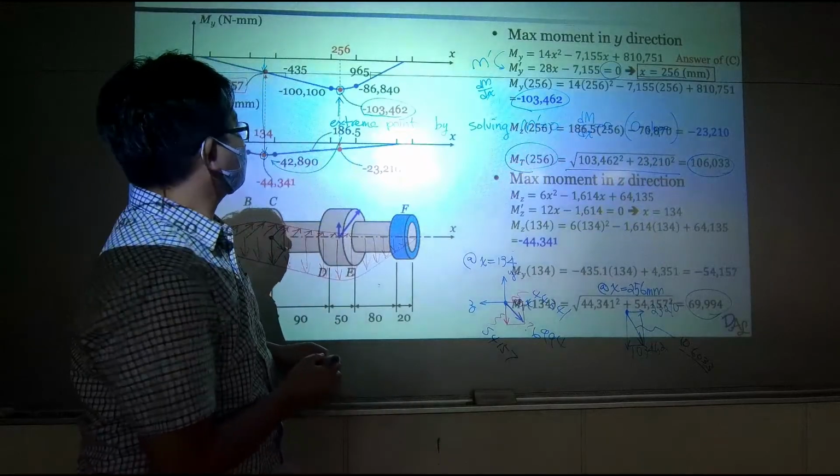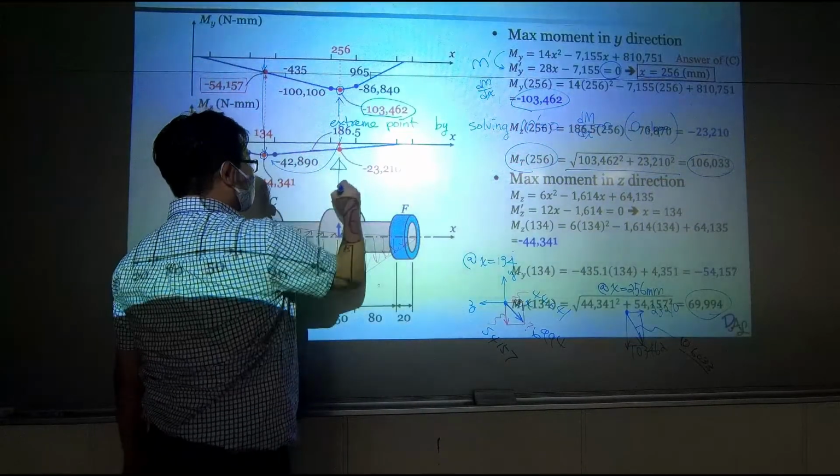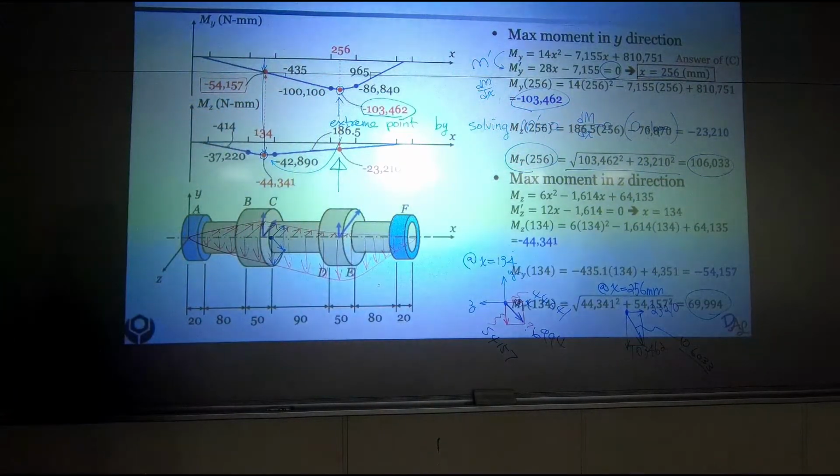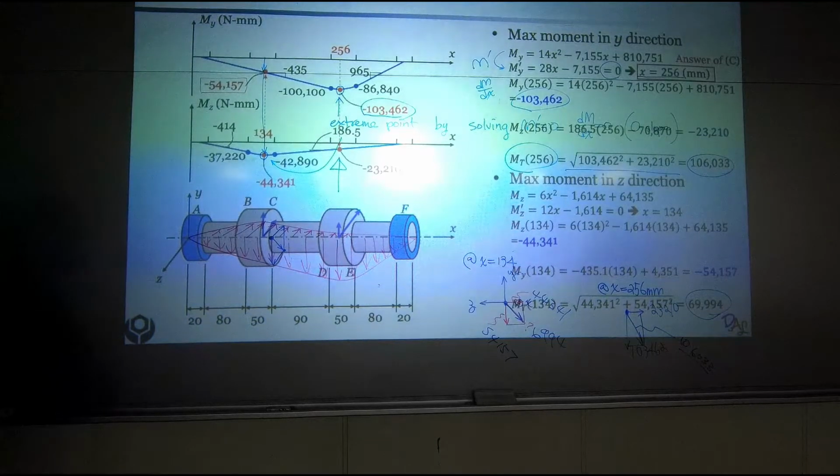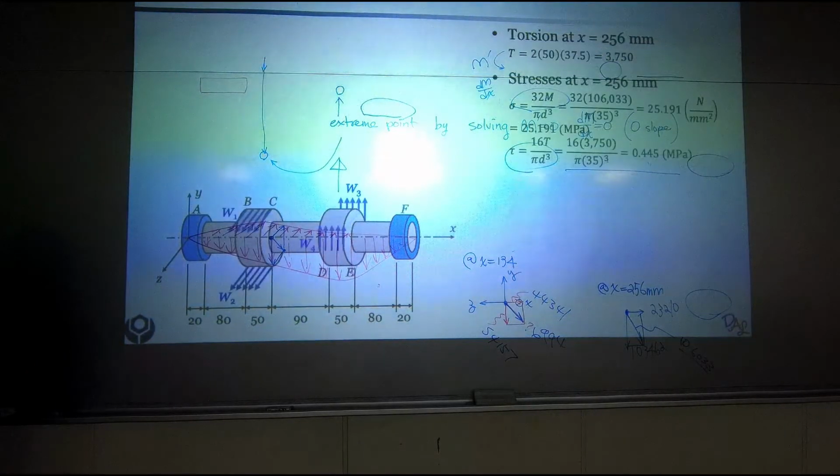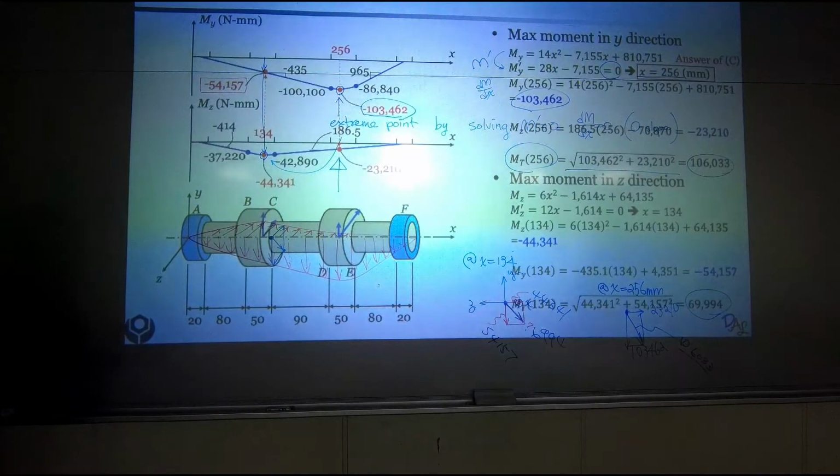So, which means at this position, we will have the largest bending moment. That's the worst case, worst condition. So if that's the worst one, are you guys okay? We'll just figure out where is the worst one.